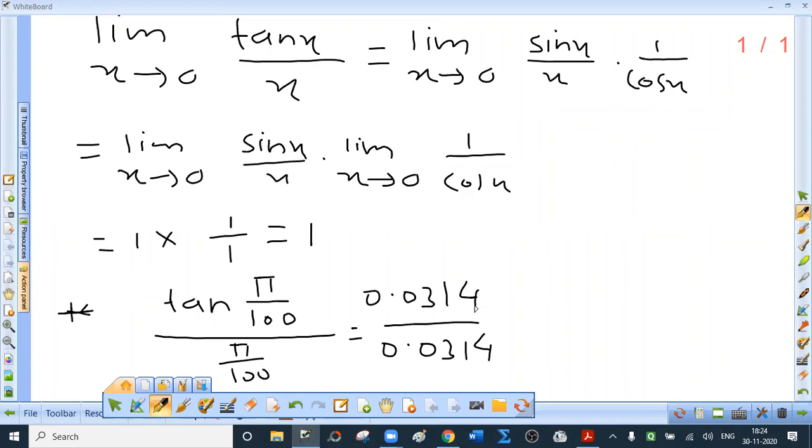Right. So this is not the proof. This is the verification. We have verified that if angle x is very small and in radian, then limit x tends to 0 of tan x upon x is nothing but 1. Here it is exactly 1, because pi is not exactly 3.14, but we took pi as 3.14 only.